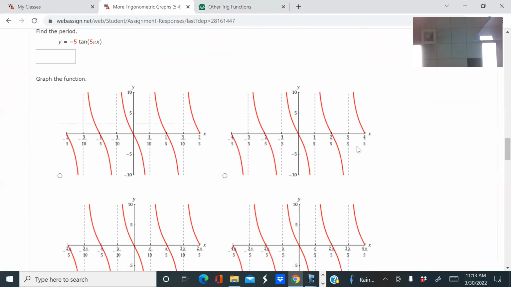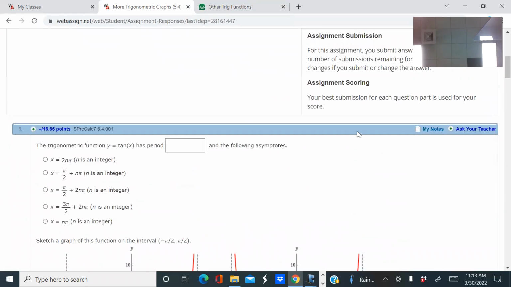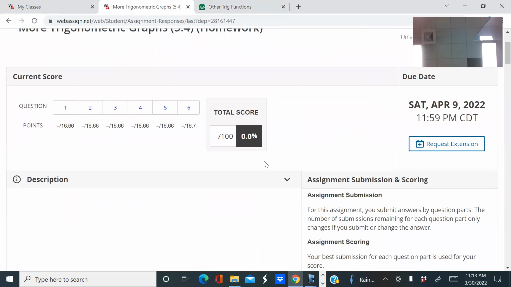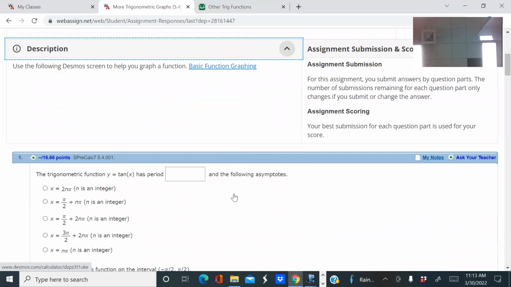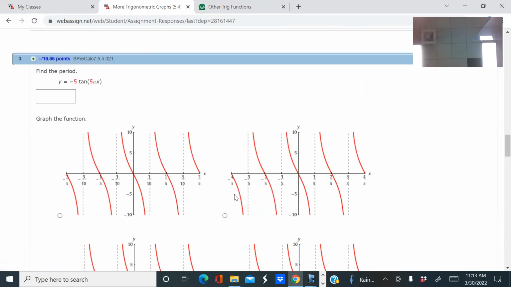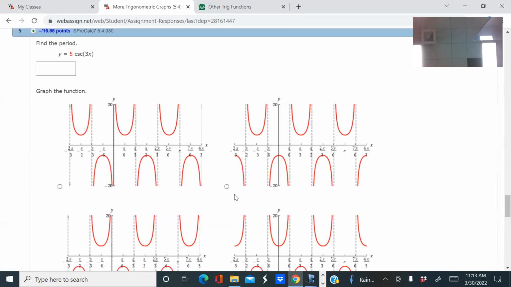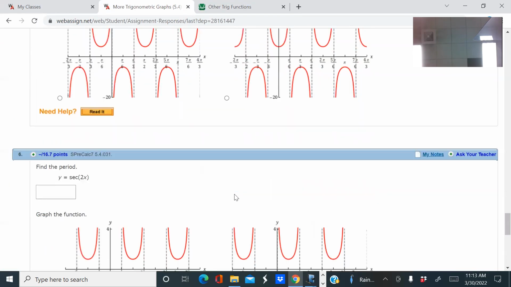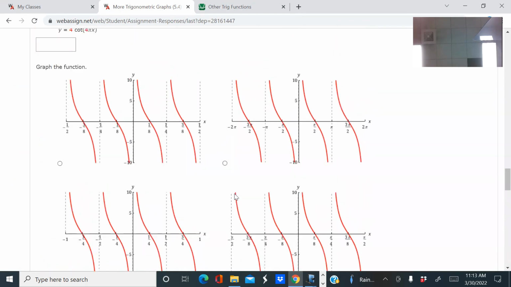You really want to make use of either your graphing calculator or Desmos to help you make the graph. Remember, you can get to Desmos by opening the description, and there's the link to the graphing tool. If you make those graphs, you can pick out which should be the correct one.